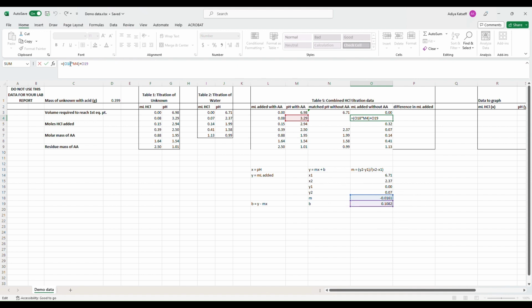So to tell Excel something is a constant, you can add a $ sign when you don't want it to change the number when you're dragging the formula through. So here we want to keep our m the same, which is here, and our b the same, which is here. So we add a $ sign in front of that number so the number doesn't get incremented. We do want our pH to increment, so we want to leave our red one over here just by itself, no $ sign. And then once we've done that, we can correctly propagate the formula.